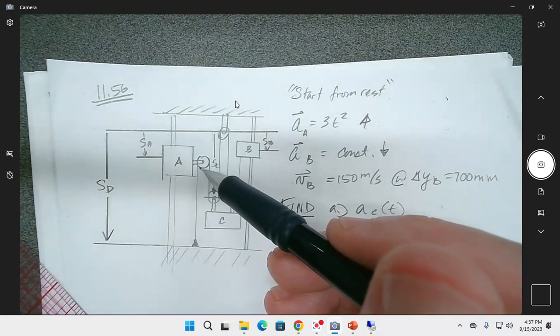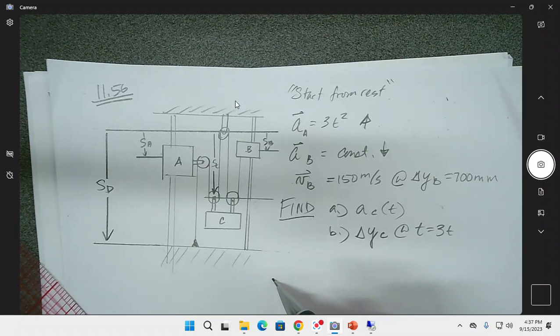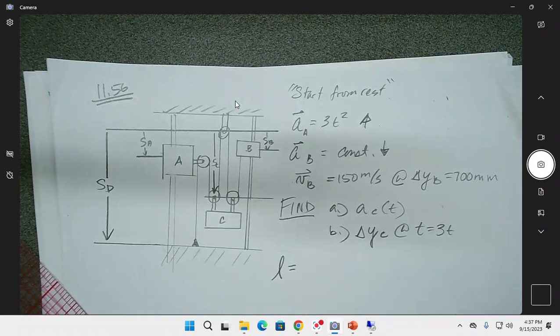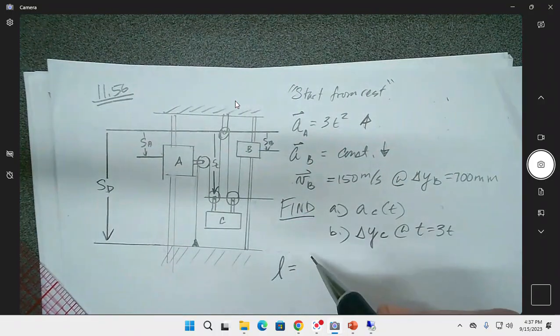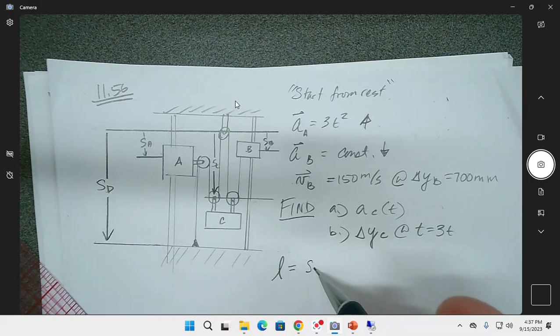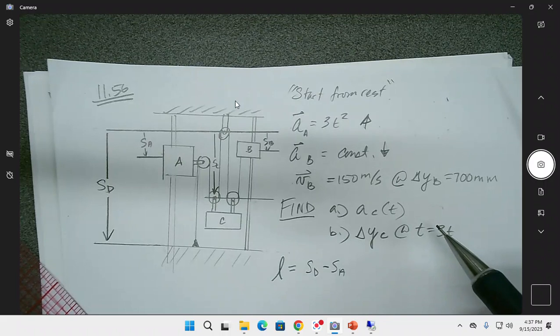We're just referencing the same line coming all the way down, and now we want to find these lengths. This length from here to here is going to be SD minus SA. You agree with that? I don't know if this strategy is going to work, but I think it will.